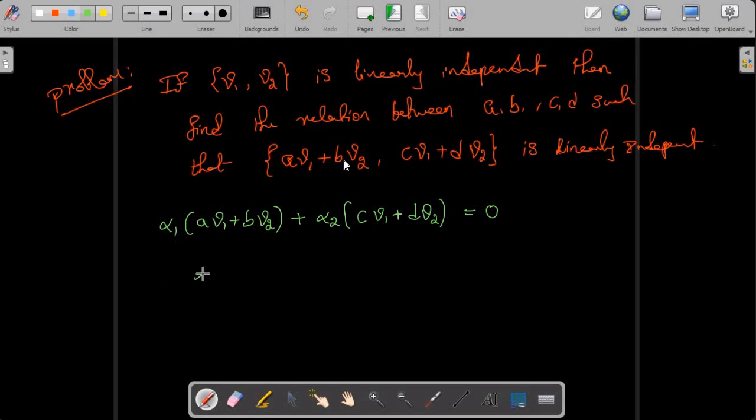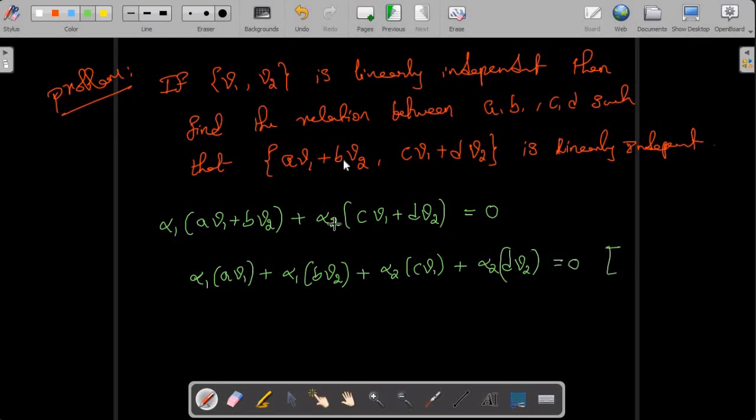So this is alpha 1 A V1 plus alpha 1 B V2 plus alpha 2 C V1 plus alpha 2 D V2 equal to 0.